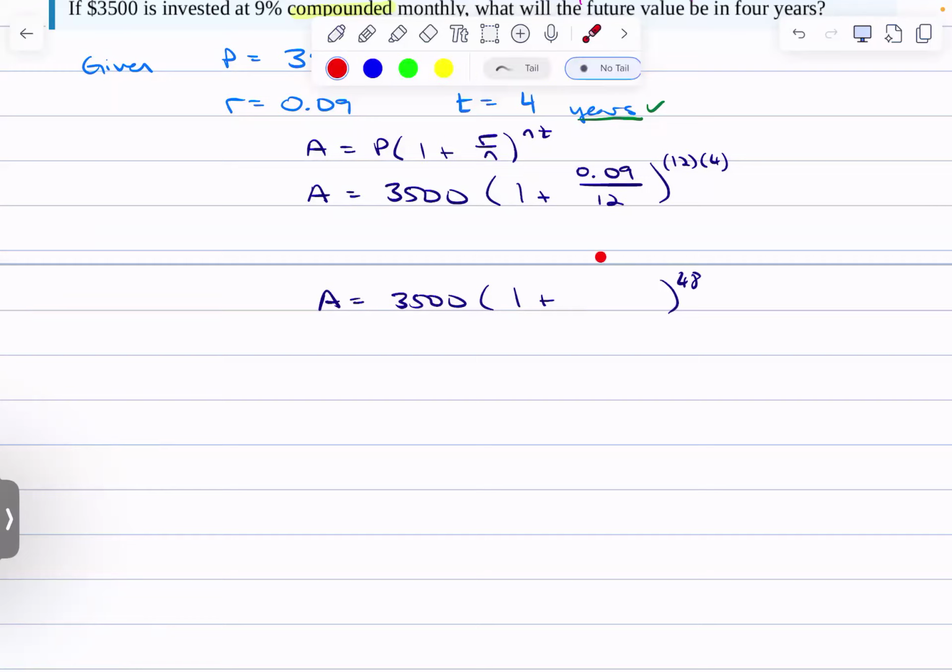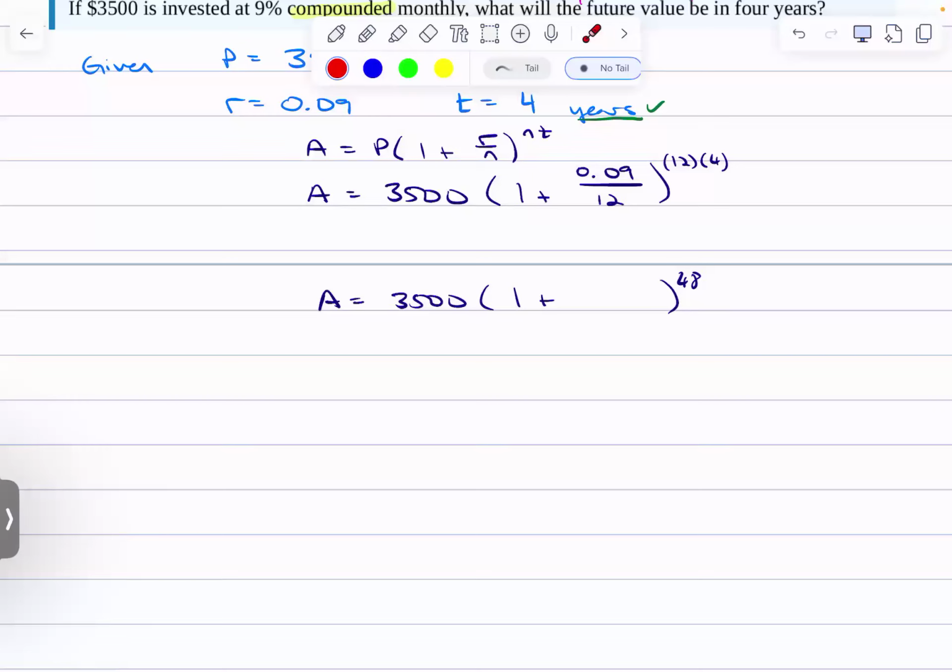I left 0.09 divided by 12 blank because if it becomes a nice number, not a repeating decimal or anything like that, then I'll write it down. If it's repeating, I'm just going to keep it as a fraction and use the full number in my calculator. Okay? So let's try it.